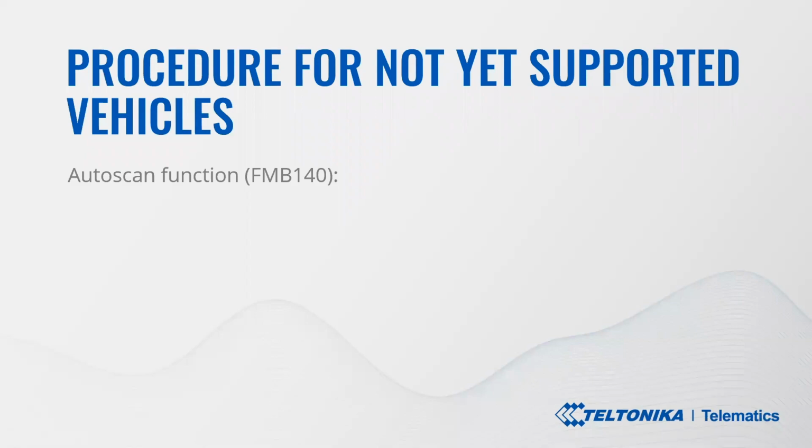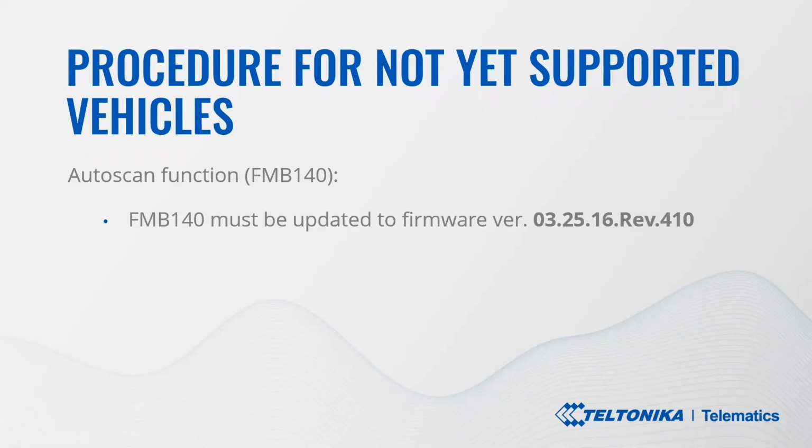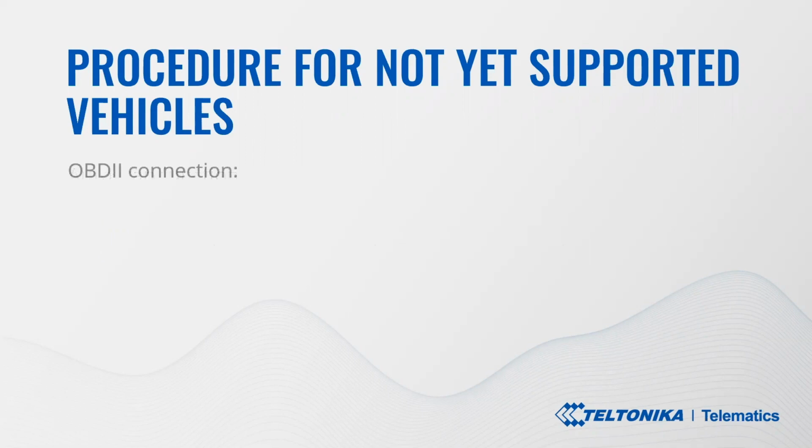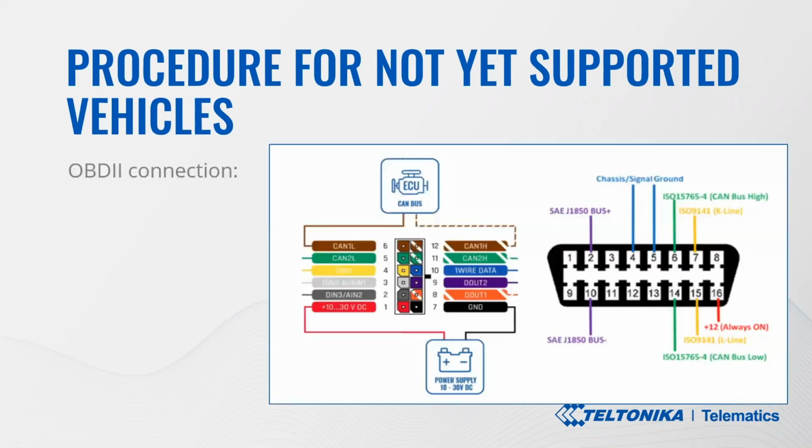To proceed with auto scan functions, we firstly would have to update the device to the recommended firmware version. And when connecting, of course, we should find the connection. Connection for scanning is usually done via the OBD port, so the diagnostic connector. We also have schematics where the connection should be made.